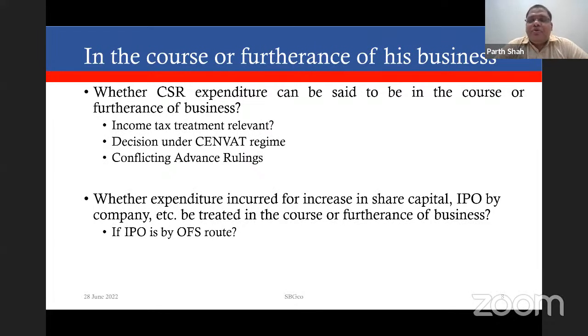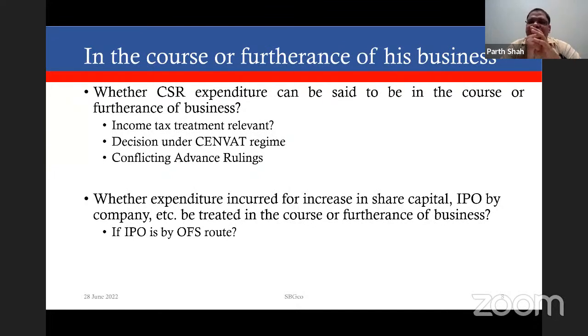Again, IPO is a route for raising capital, and therefore, in my view, it should be eligible for input tax credit. Even in income tax, we have sufficient case laws to say that these are all eligible expenditure. However, there's one catch: when the IPO is by an OFS route, meaning an offer for sale route, the company does not raise any fresh capital. Only the promoters offload their stock in the market.